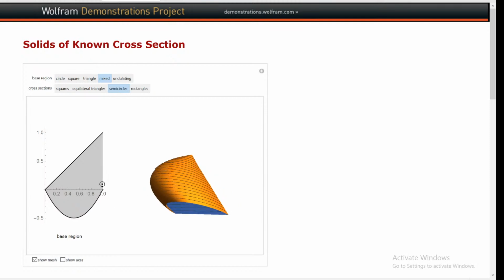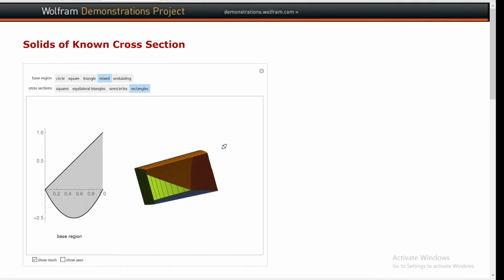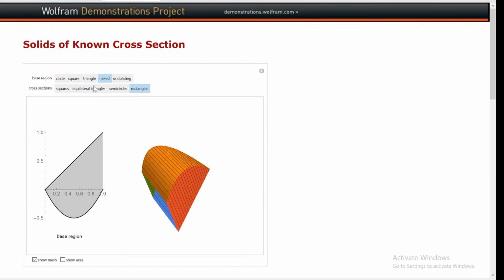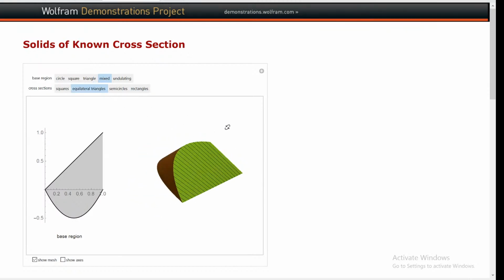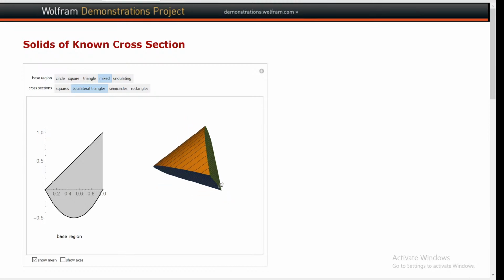Like this creates a shell with semicircles. If I use rectangles, it creates a very weird looking shape. Equilateral triangles, perhaps an even weirder looking shape here. You can see the triangles. If we look at it from this angle, all of those are triangles.